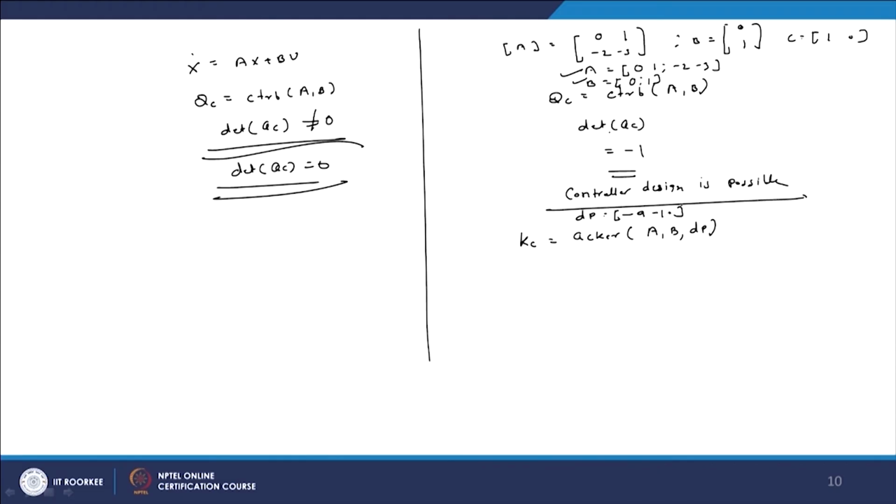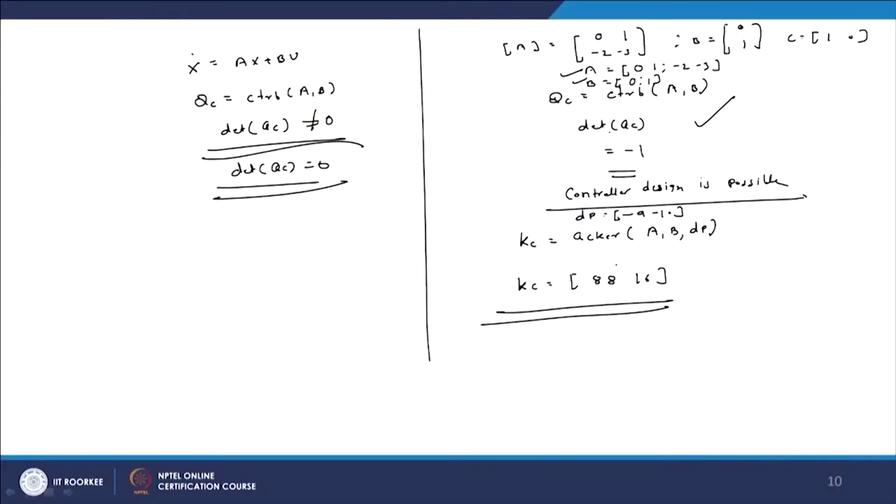This is the desired pole placement, and therefore you will get the controller KC equal to [88 16]. In this way we have designed a controller for the state space model, and the model is a SISO system.